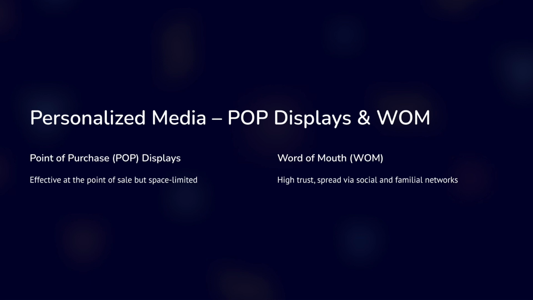Another powerful, though less formal, personalized media is word of mouth. Marketers have increasingly recognized the immense power of rural word of mouth. It can spread information about a product's quality and performance with incredible speed. This information flows through various channels. People share news at weddings and social events.